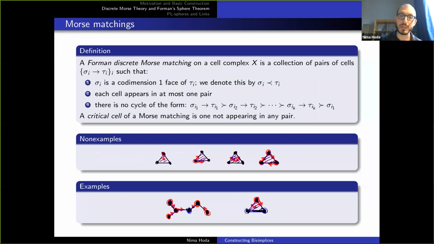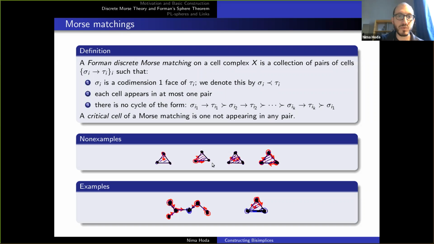So just to make sure we understand that, let's look at some examples. We're starting with some non-examples. The underlying cell complex here is just the triangle with its usual cell structure. The first example here is not a Morse matching because this zero-dimensional cell is matched with a two-dimensional cell, so that's not a codimension 1 face.